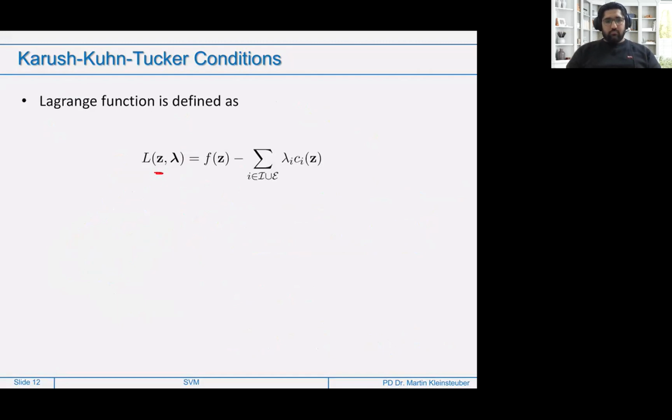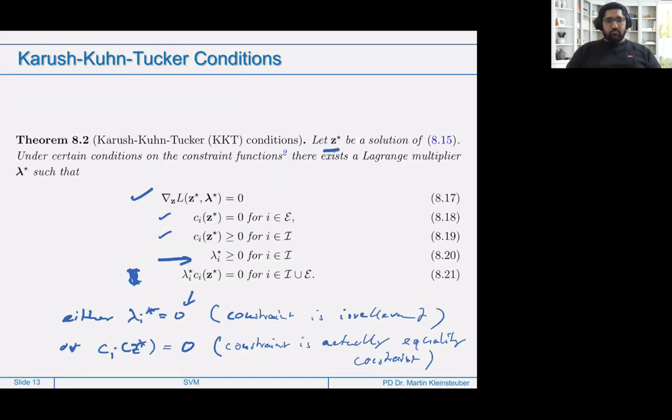And the result that comes from Karush-Kuhn-Tucker is that if we have a pair Z star and lambda star that solves our optimization problem, then this pair satisfies the following conditions. And that's where we stopped last time.